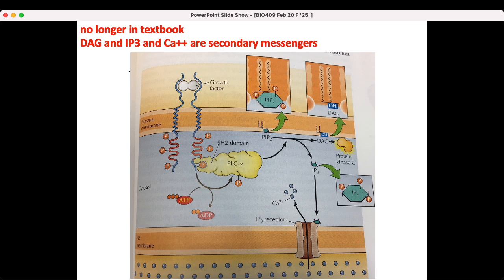Second messengers are on signal transduction pathways, and they're called second messengers because the first messenger stays outside the cell. So that's like the first or primary messenger, and nobody calls it that, but that's what they're referring to when they say second messengers. Second messengers are inside the cell. And we're going to learn the names of three: DAG, IP3, and calcium in this one slide.